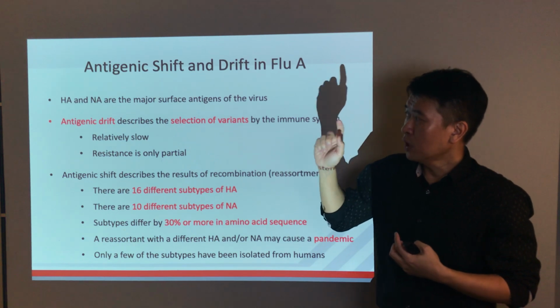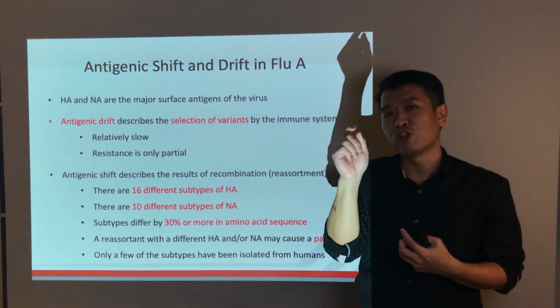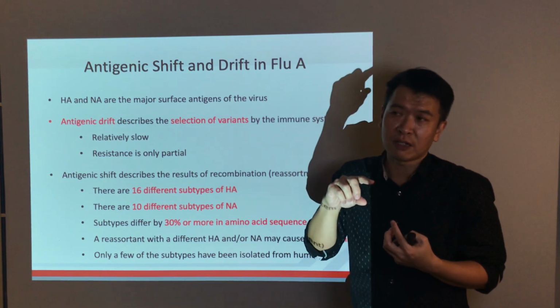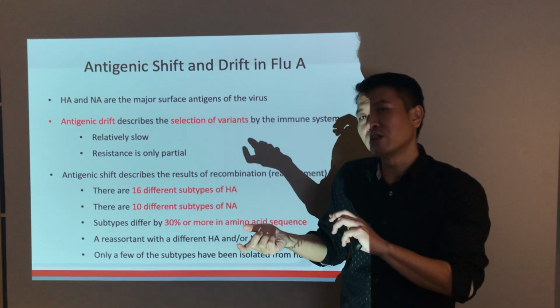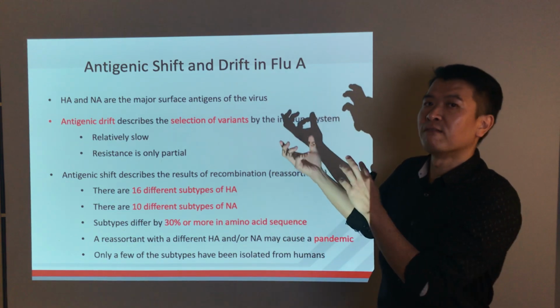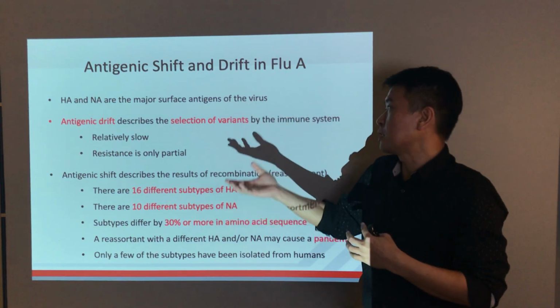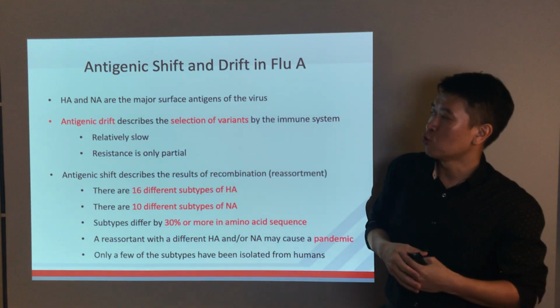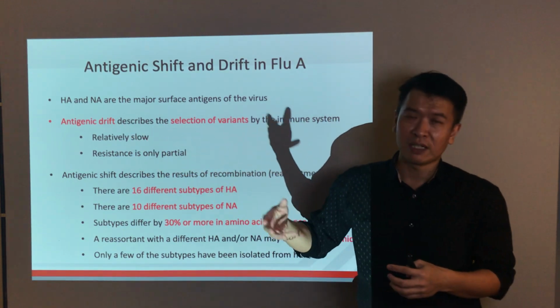So with antigenic drift, sometimes by changing the glycosylation site, for example removing one glycosylation site or adding one, the virus is also not recognized by your immune system. So this is what we call antigenic drift. But this process is relatively slow.